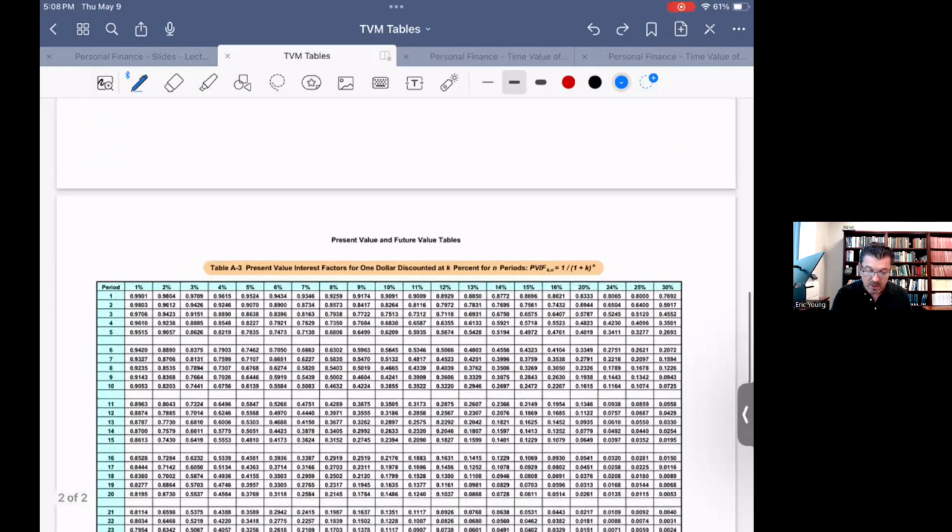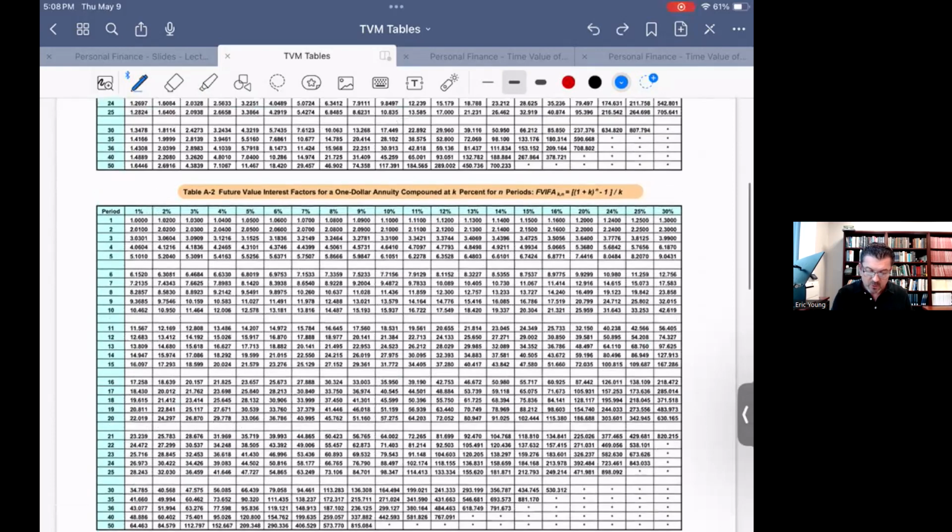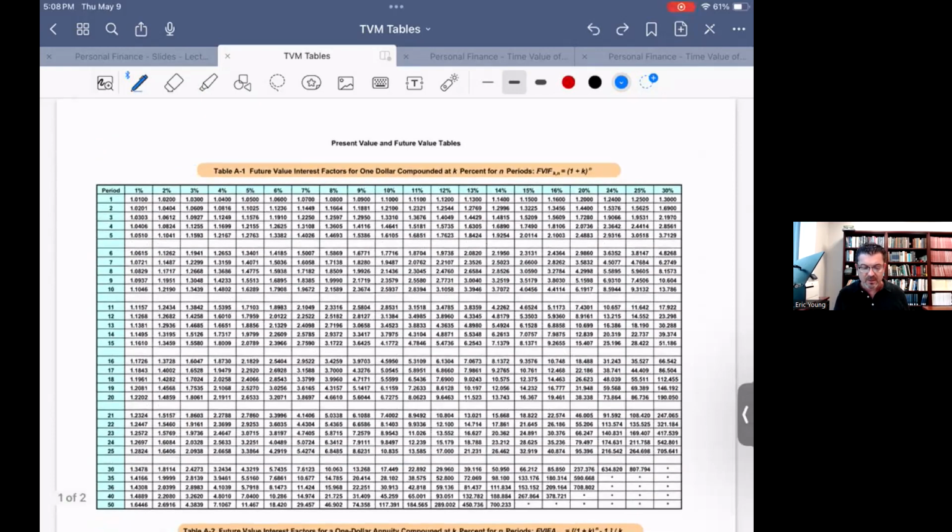Got to have that. Notice once you have the right table, and we'll just use this top one, that going across the top, you have the interest rates. And going down the side, you have the periods.